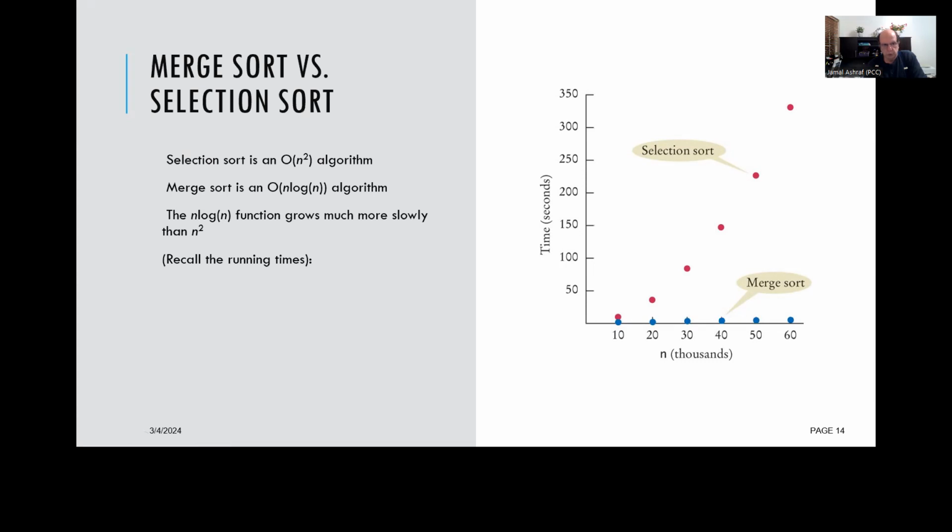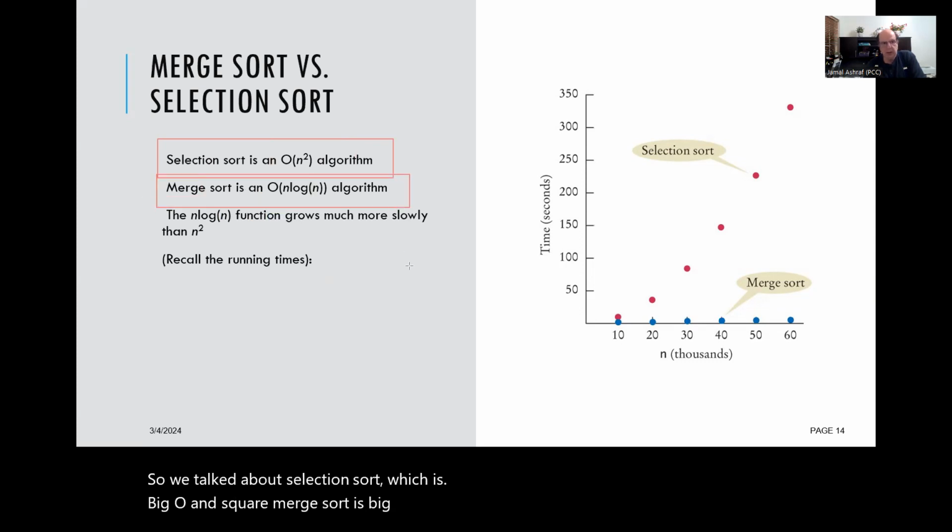We talked about selection sort, which is big O n squared. Merge sort is big O n log n. And definitely n log n grows much more slowly than n squared.